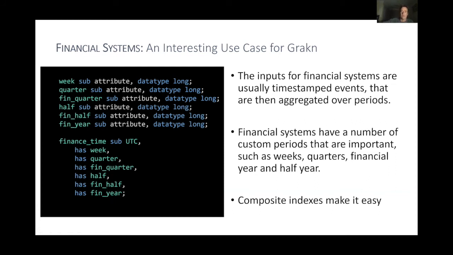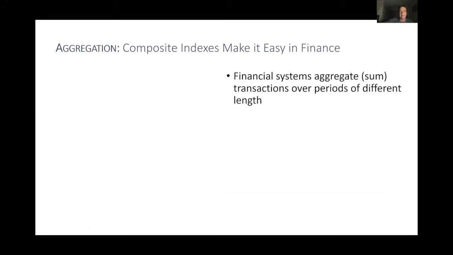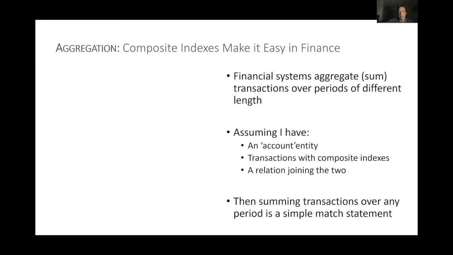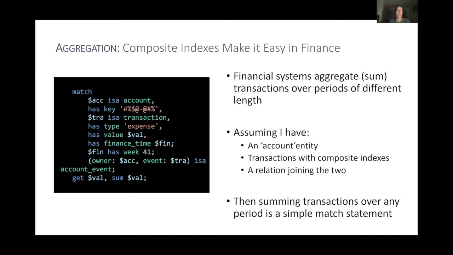What that does is allow us to aggregate over a period. Assuming I've got an account identity and a transaction with a composite index and some relation joining the two, I can sum any of those transactions over a period straight through the match. As an example here, I've got an account with a key, and I've got some set of transactions of type expense with a value at some finance time.